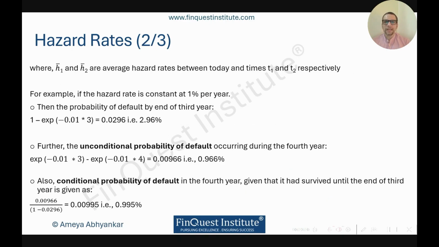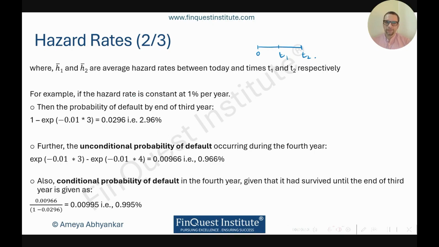Now, let's say h1 bar and h2 bar are the hazard rates between today and two respective time points, t1 and t2. Think of it like this: we have today, and let's say we have a t1 and a t2. And these are the respective hazard rates for t1 and t2, standing at time 0.